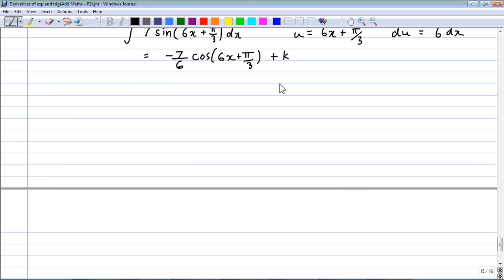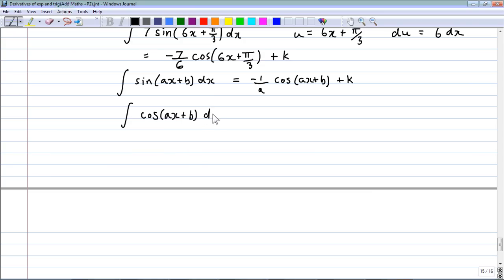So what general formula will we be using here? We'll be using the general formula: integral of sine of ax plus b dx equals 1 over a times minus cos of ax plus b, plus a constant. What's the equivalent formula for cosine? Well, that would be 1 over a sine of ax plus b plus a constant.